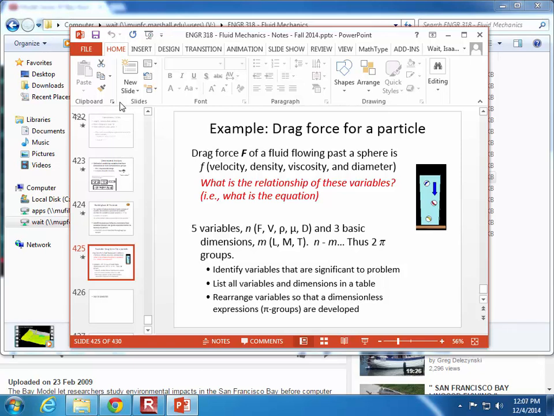Remember we have to expand out the newtons into kilograms meters per second squared, and then there is the meters cubed that was already there from the density, and the kilograms that's there from the density, and it's still to the 1/2 power. So we can cancel out the kilograms.